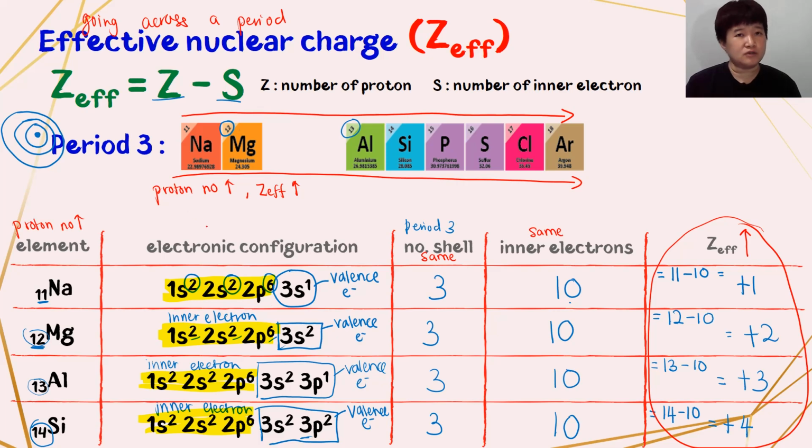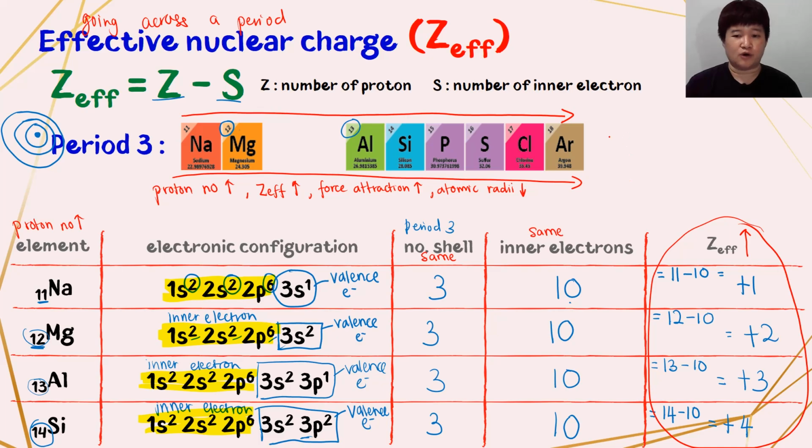And when the proton number and the effective nuclear charge increase, the force of attraction increases. When the force of attraction increases, the atomic size will decrease because the valence electron will be pulled closer to the nucleus, therefore the size becomes smaller.